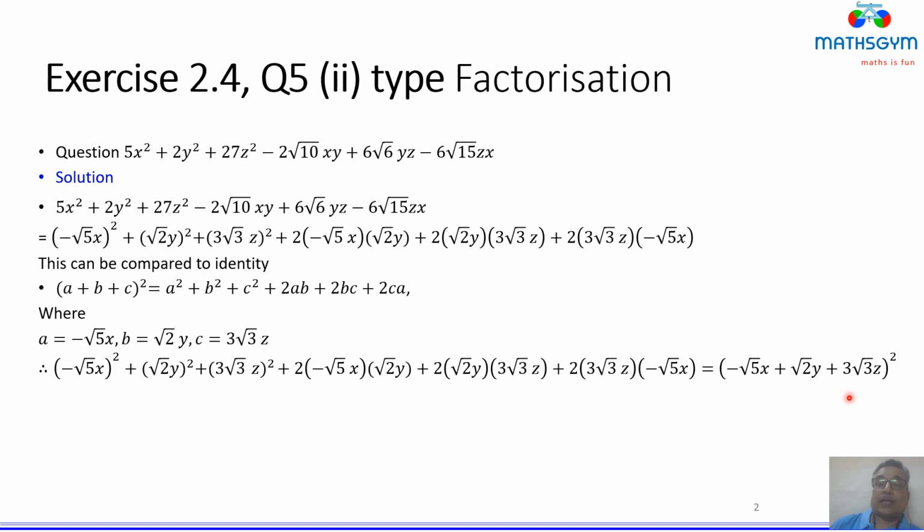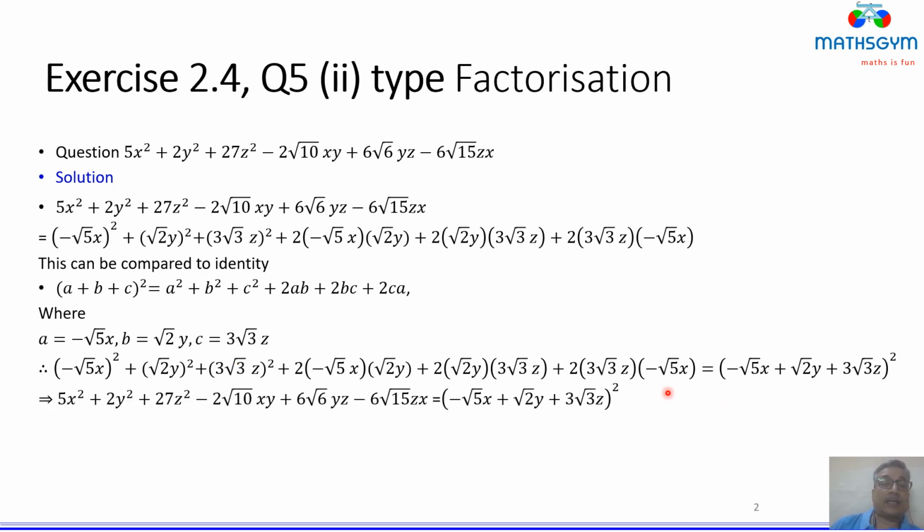So the left hand side is nothing but our original expression, 5x square plus 2y square plus 27z square minus 2 root 10 xy plus 6 root 6 yz minus 6 root 15 zx, and this equals minus root 5x plus root 2y plus 3 root 3z whole square. We have arrived at the answer.